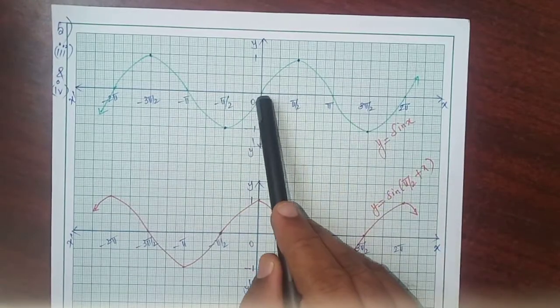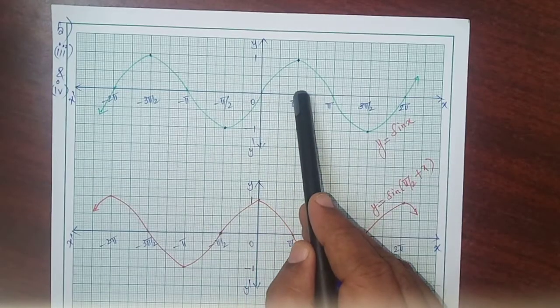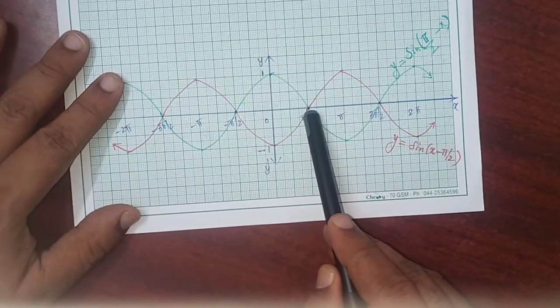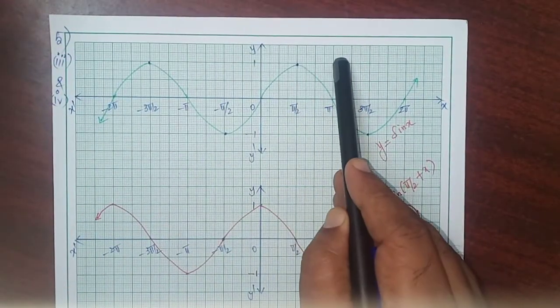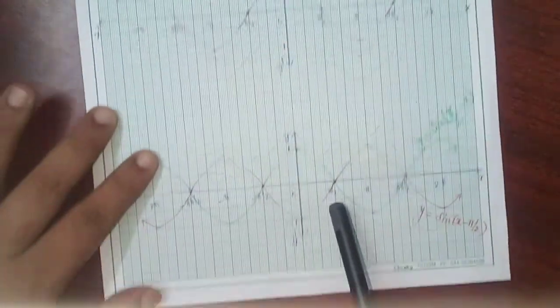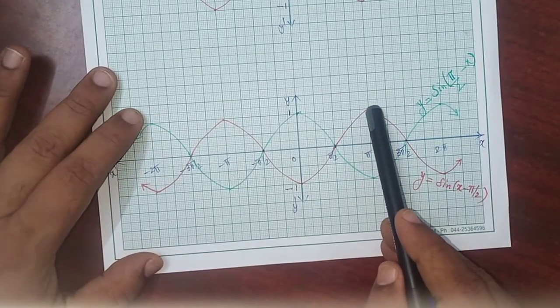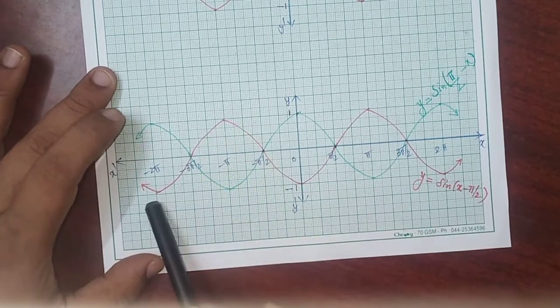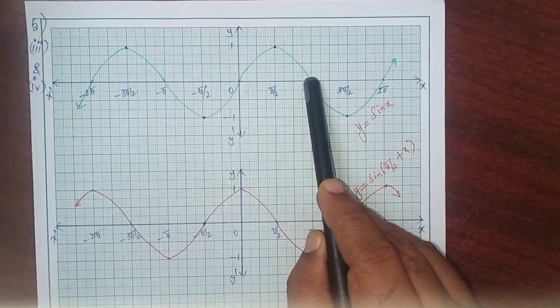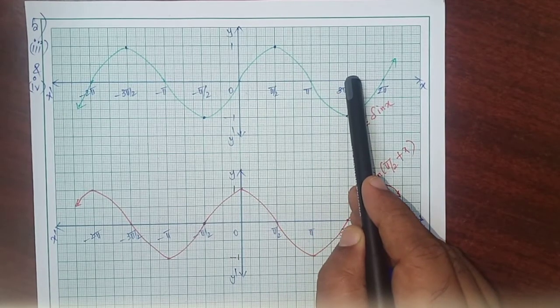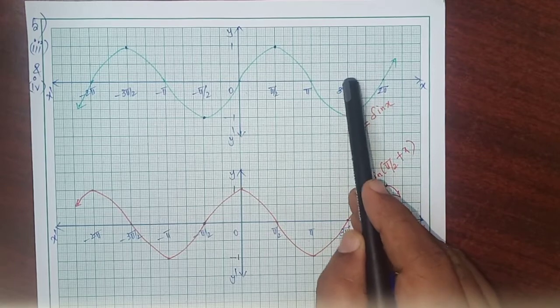Passing through 0, it should be passing through pi by 2. Look at that, pi by 2. Now this point comes to this place on the right-hand side. Red color, the complete red color graph. Next, this point shifted towards the right-hand side by pi by 2, it should be passing through 3 pi by 2.